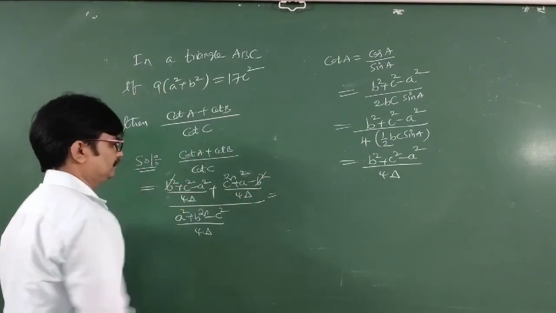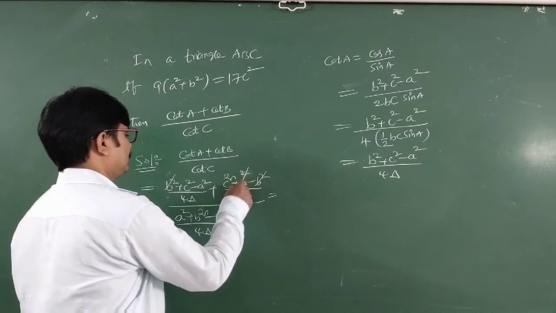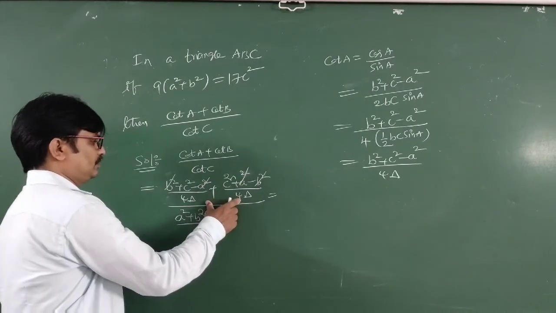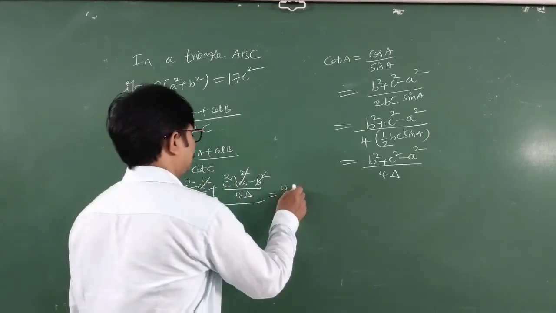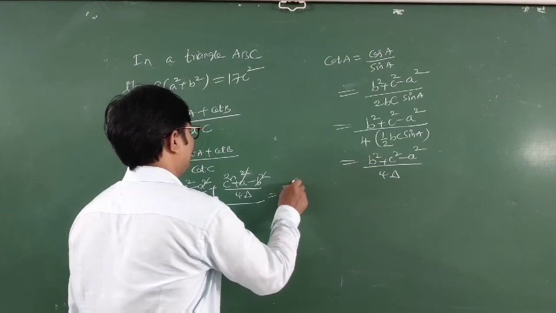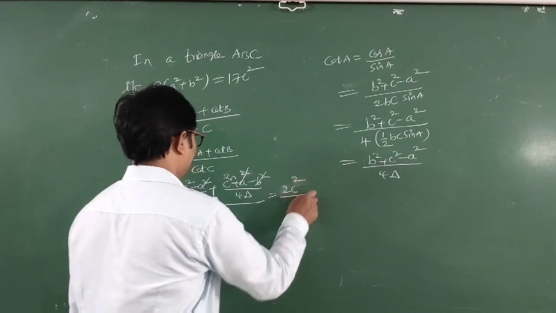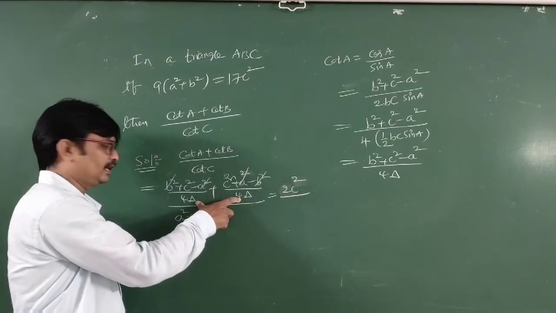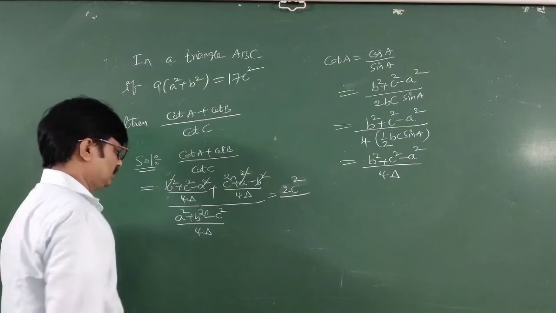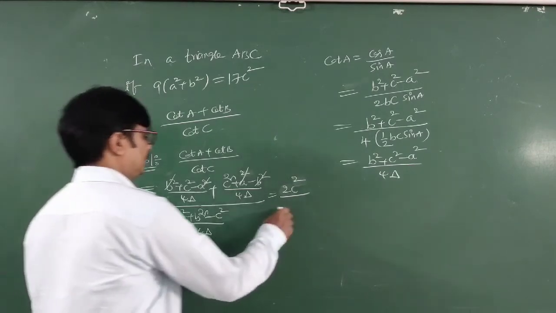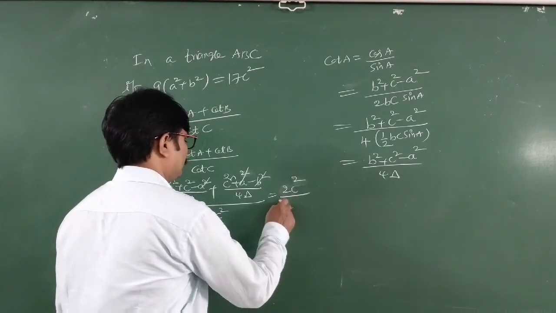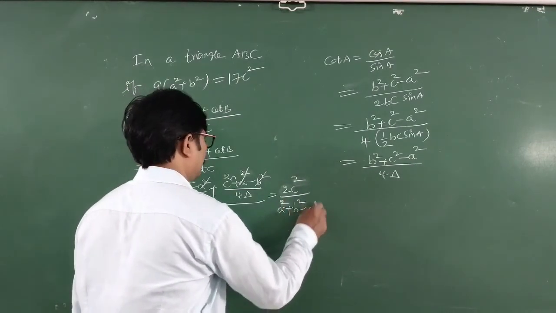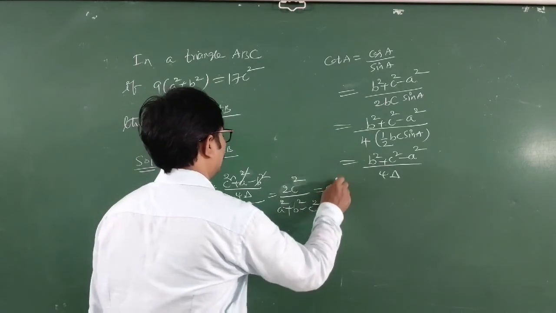The b square cancelled, then also a square cancelled. LCM is 4 delta. This is 2c square by 4 delta, 4 delta cancelled. So it is a square plus b square minus c square.